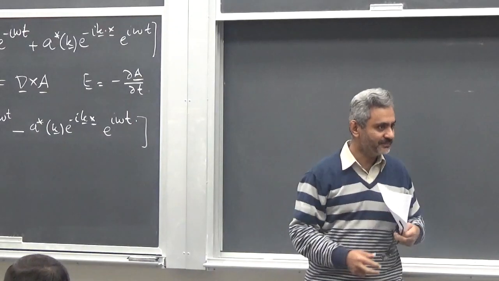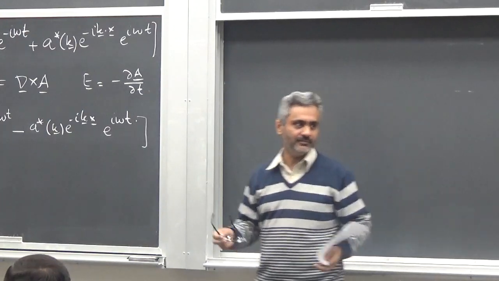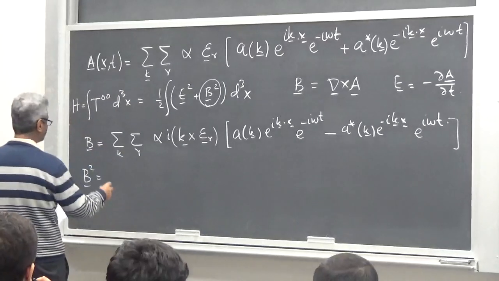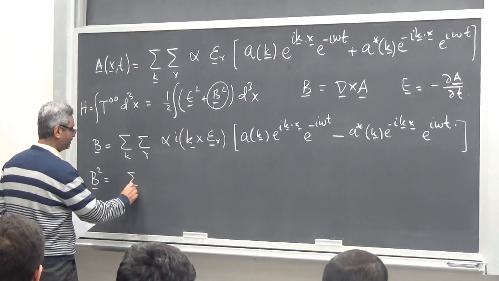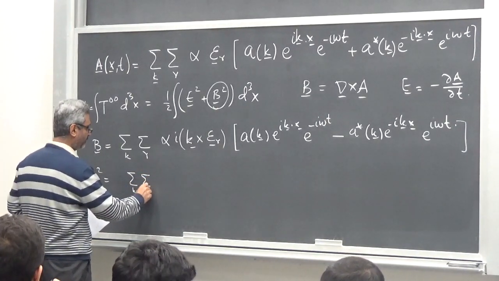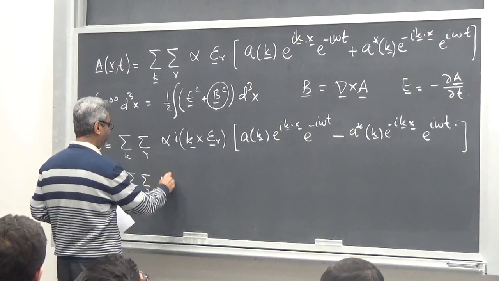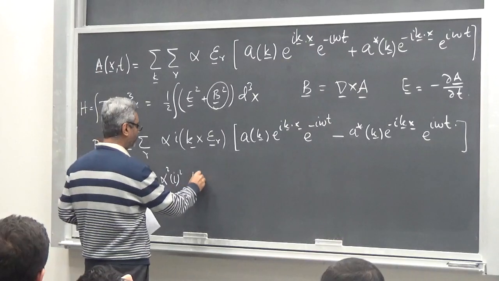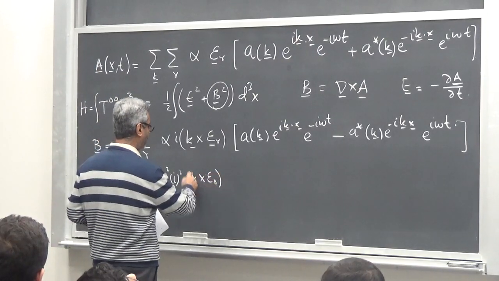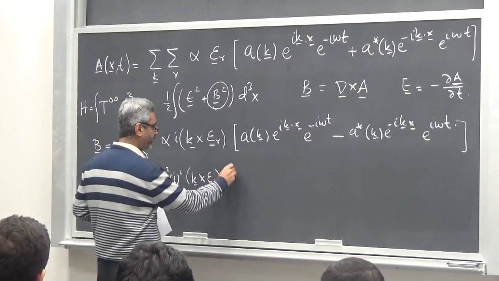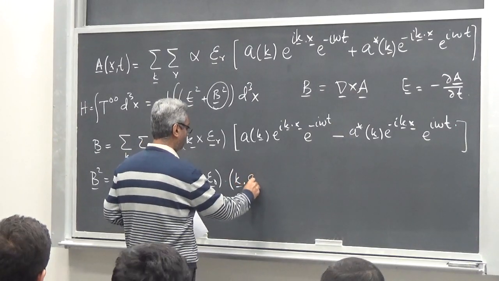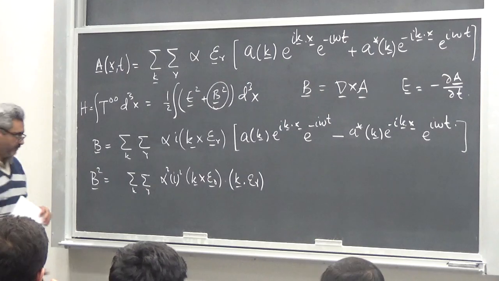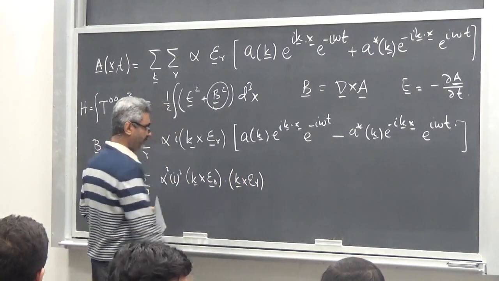Multiply with what? Sum of it. Yeah, so how should I write it as a sum? So for example, this k, r, right? And this should be alpha squared. So this should be k cross epsilon r, dot k cross epsilon r. Right?